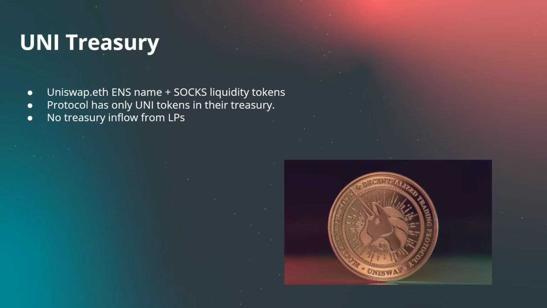But some people think it's okay because all of the trading fees go to the LPs and the protocol itself doesn't generate income from that. Also, the Uni Treasury owns the Uniswap.eth ENS name and SUX liquidity tokens that we have talked about before.